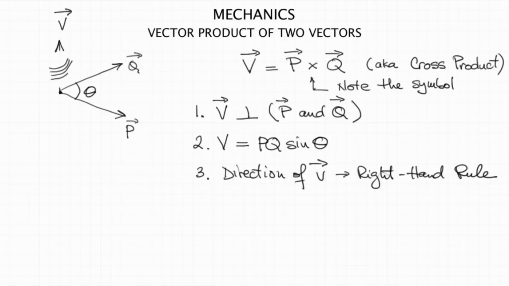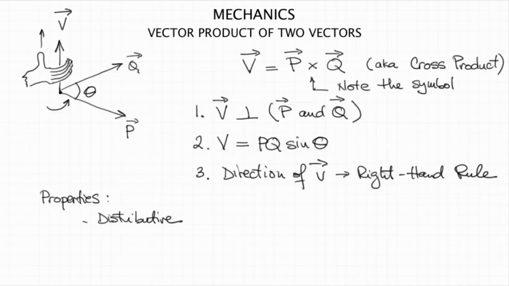If we curve our four fingers around the direction of V, which is perpendicular to P and Q, and our four fingers indicate the rotation of the first vector P over the second vector Q, then the thumb will give the direction of V.